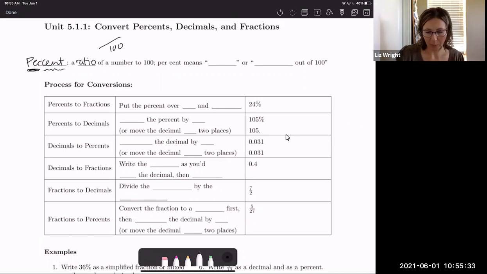Percent means per 100, or how many out of 100. So again, use that always to help you, even if we have something like this, which is one that's commonly missed.